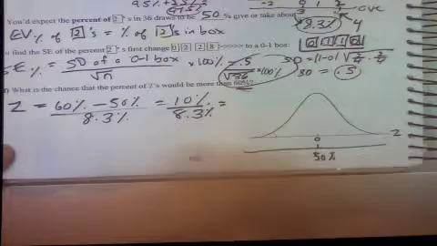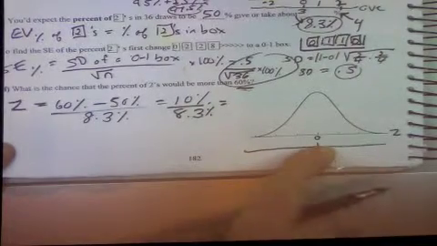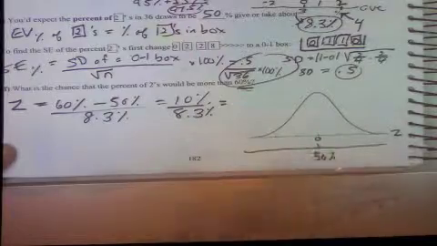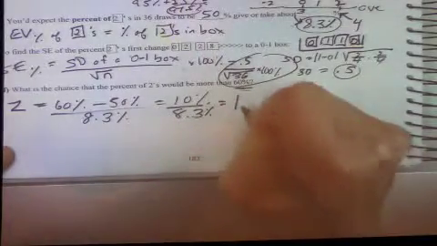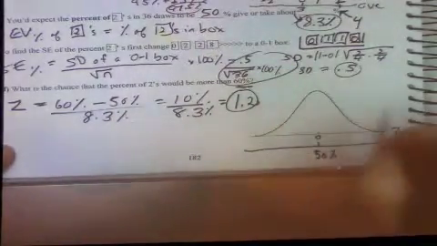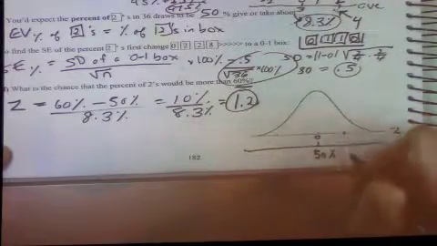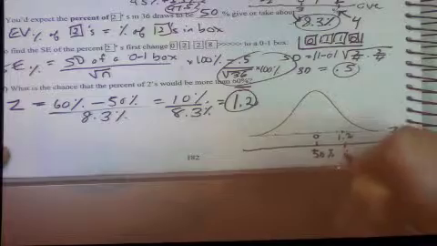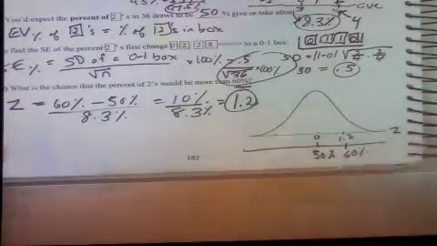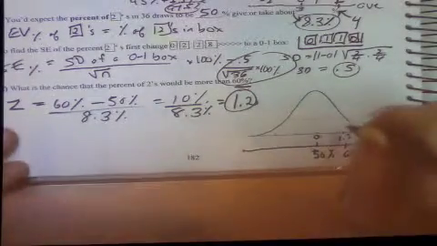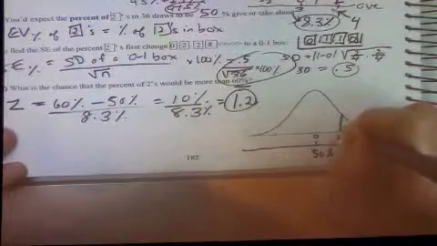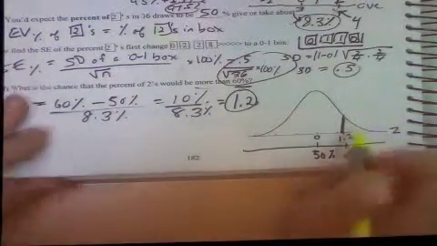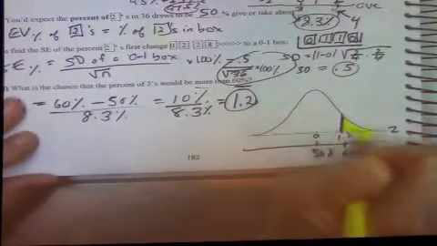So it's just a little over 1 is our z-score. Correct? It's about 1.2. So that's where we're going to place 60%. And what does the question ask? More than 60%. So it's going to be this area right there.